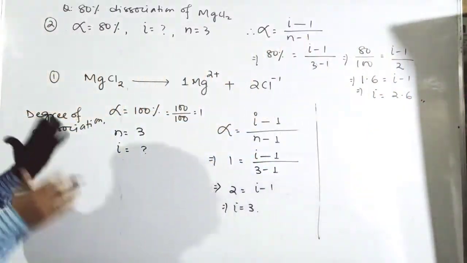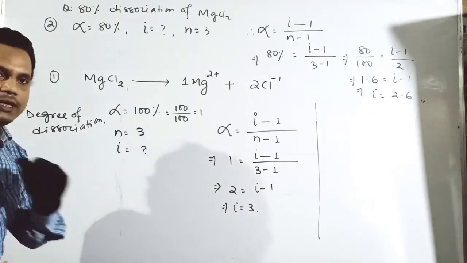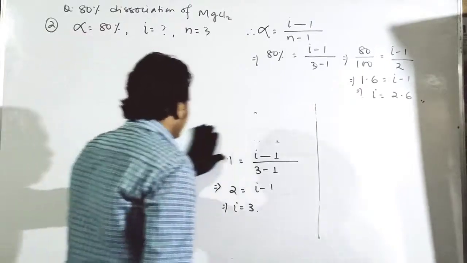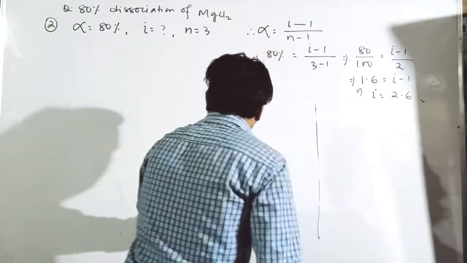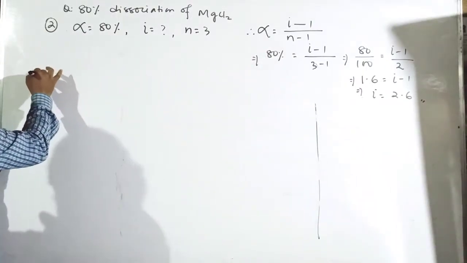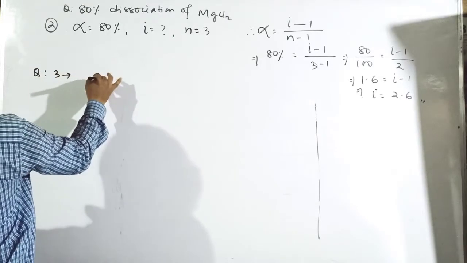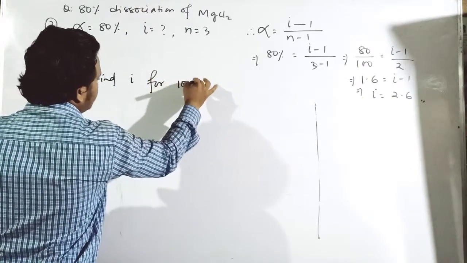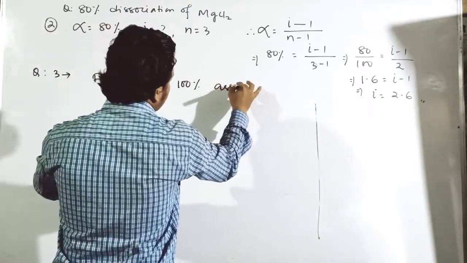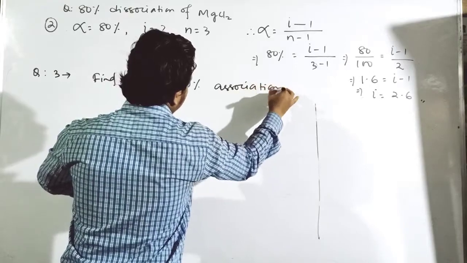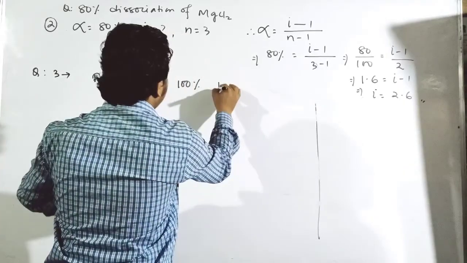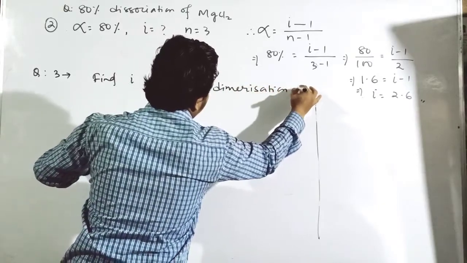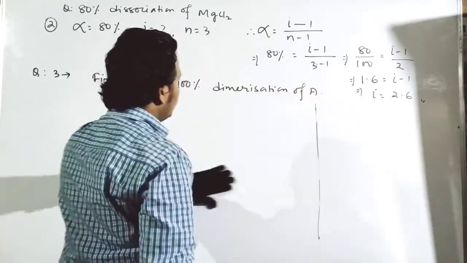Okay. The same question let us discuss for association. Suppose we have to find I, question number 3, find I for 100% association or dimerization of A. Okay.